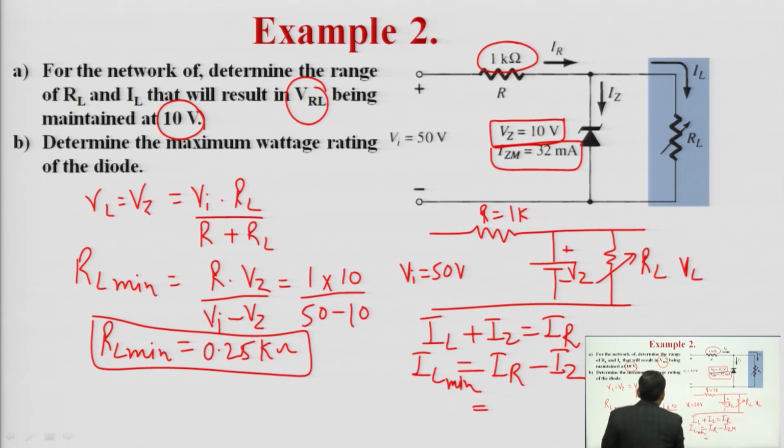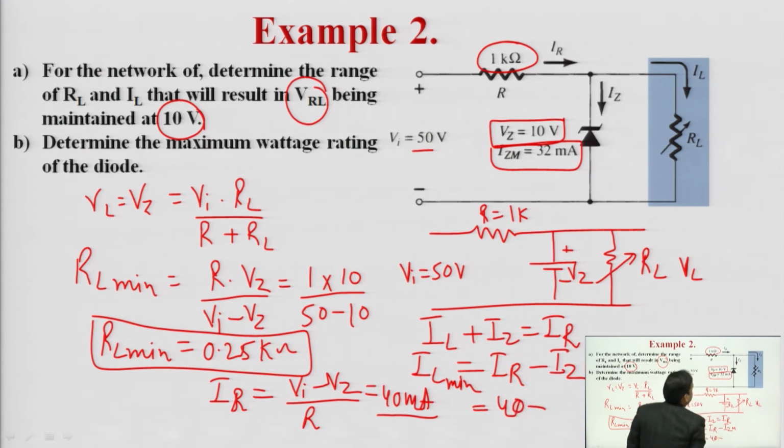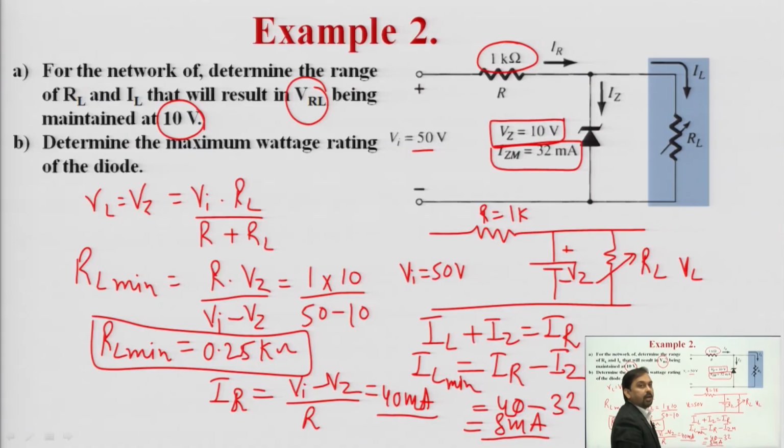IR will be nothing but Vi minus Vz divided by R. So, this is 50 minus 10 by 1, which is 40 milliampere. This is fixed. So, 40 minus IZM of 32 will be 8 milliampere. So, the minimum value of load current is 8 milliampere.